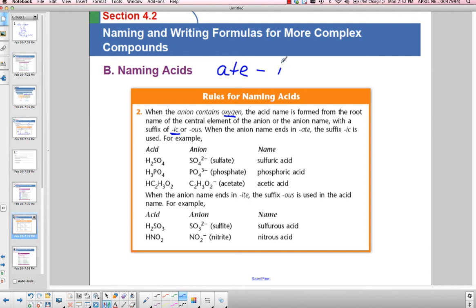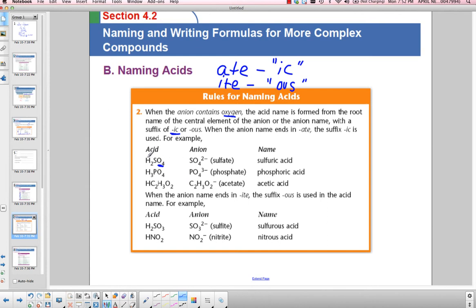So ate goes to ic. Sounds kind of funny. If you have ite, like sulfite, we're going to change its ending to ous whenever you're naming these acids. We do not say the word hydro first. If you see oxygen, eliminate hydro from your vocabulary.